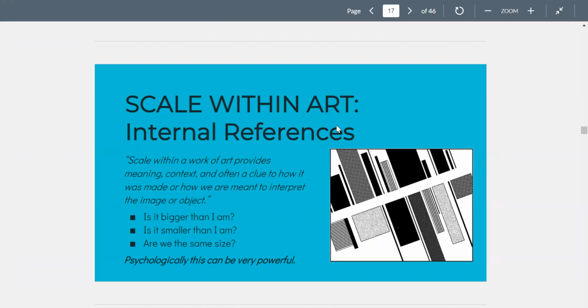Why? Because I compared the 3 line thicknesses. That's why I came up with that idea. So internal reference, like when you are comparing one rectangle with another, or the line thickness, you need to have some reference point. So when you are doing your composition also, try to use that.